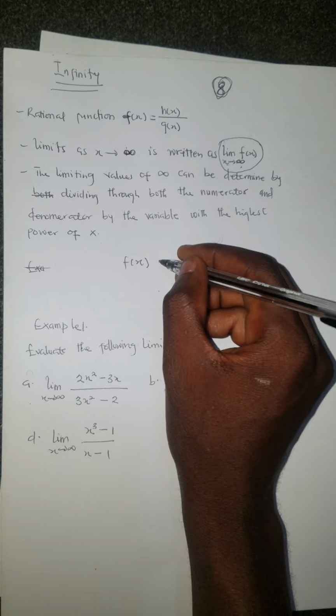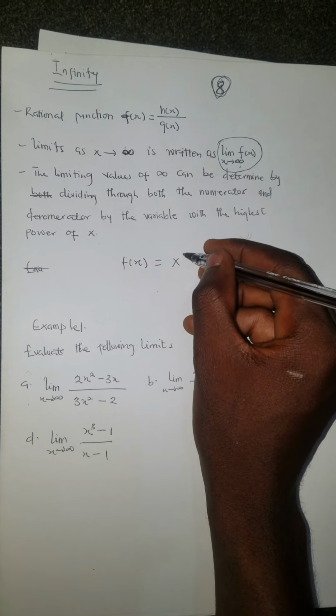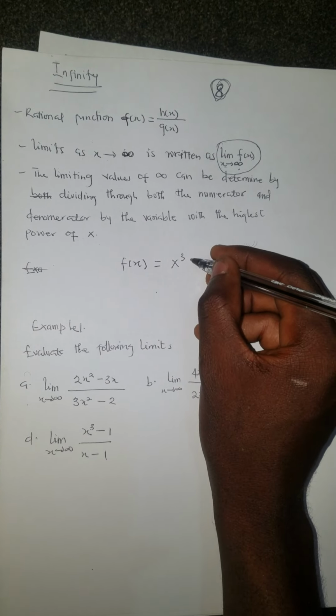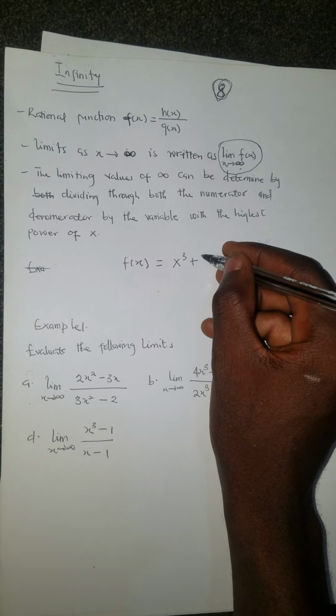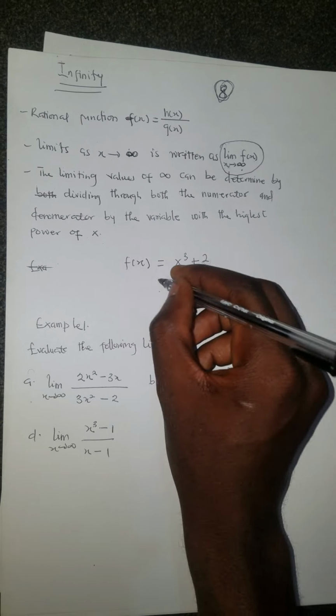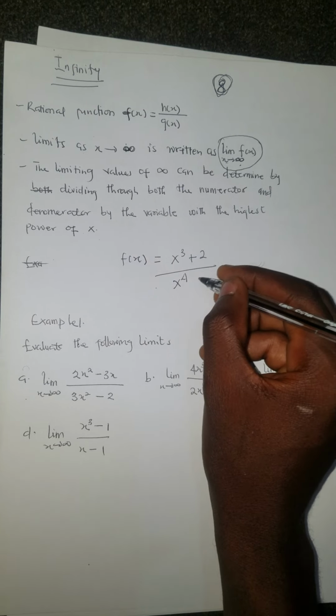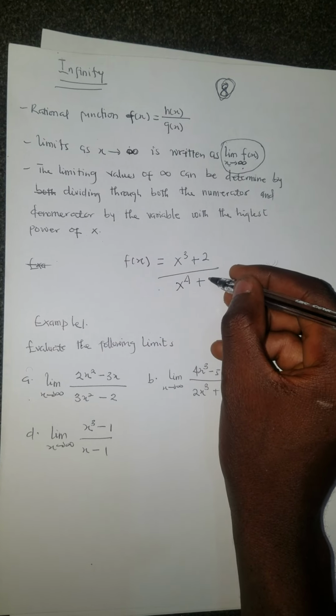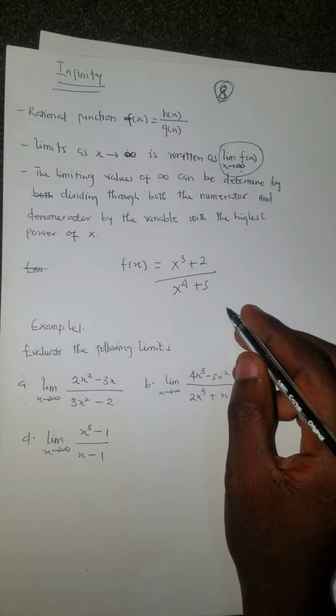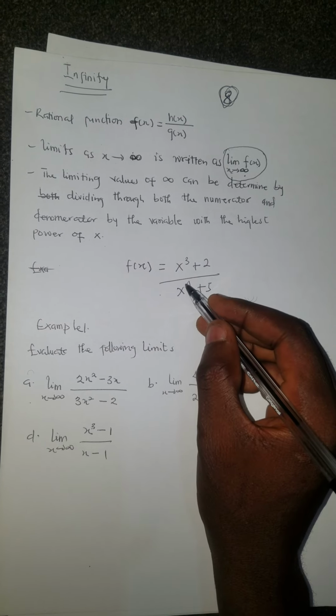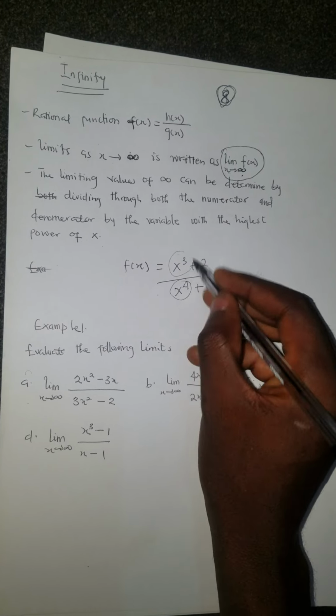Now, the long and short of the whole story here is, if you are having a function f of x equal to x cube plus 2 over x raised to the power 4 plus 5, what is the variable here? The variable is x.